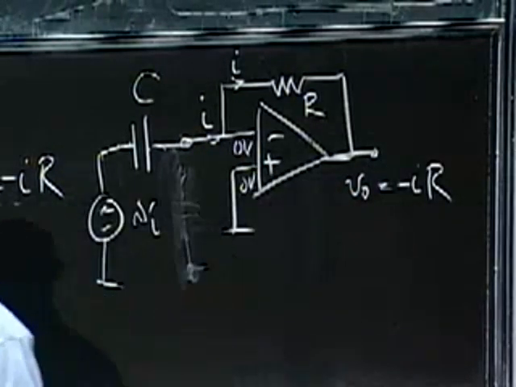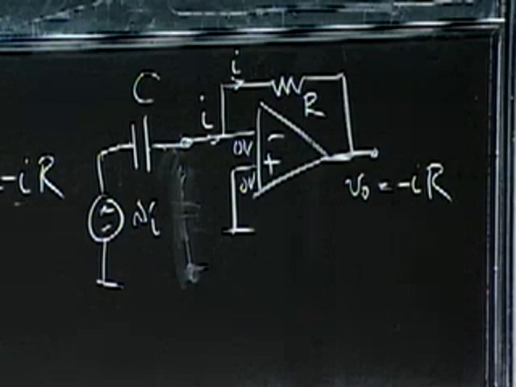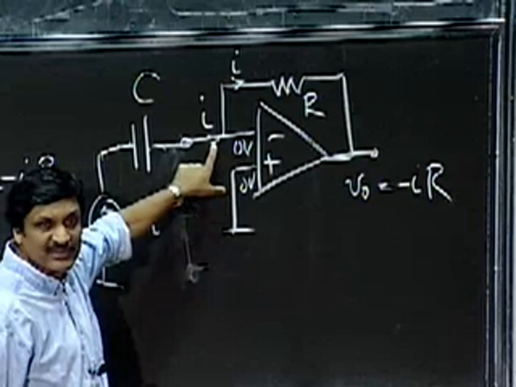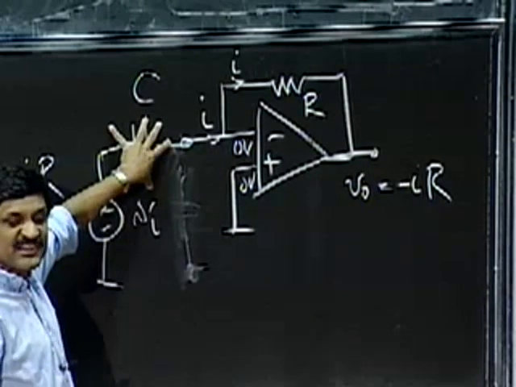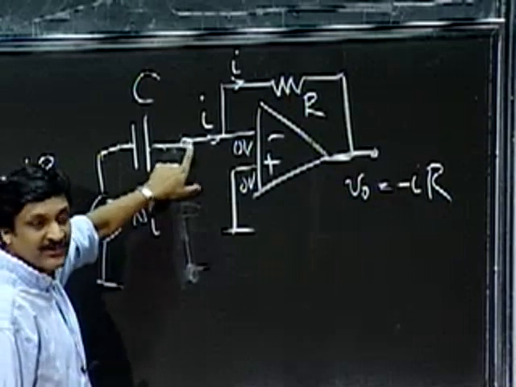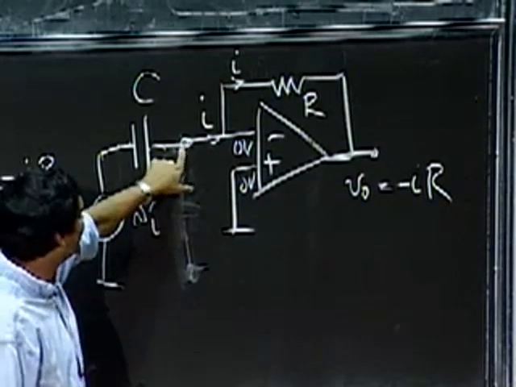Just remember these 4 or 5 little tricks, and you apply them in op-amp circuits again and again and again. So this is VI. This is my virtual ground. So as far as this poor little capacitor is concerned, it's chugging along merrily thinking that it's connected to ground. Little does it know it's only a virtual ground.